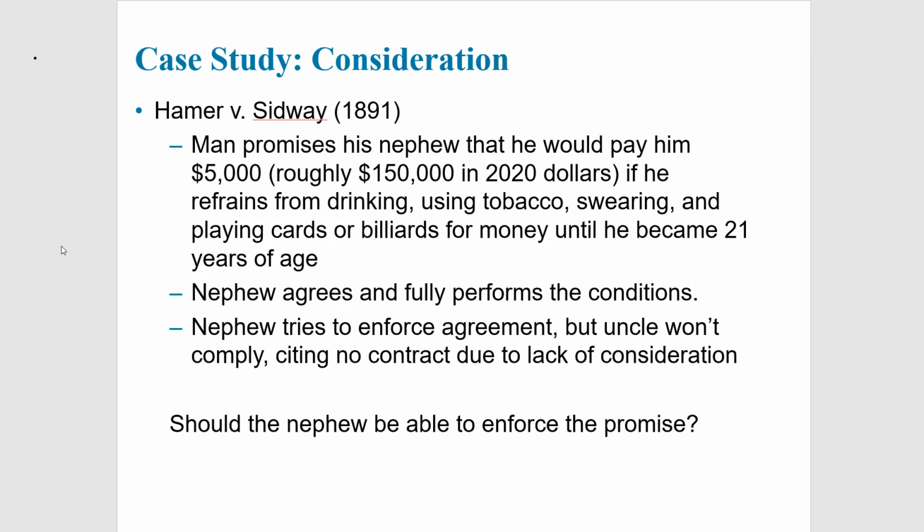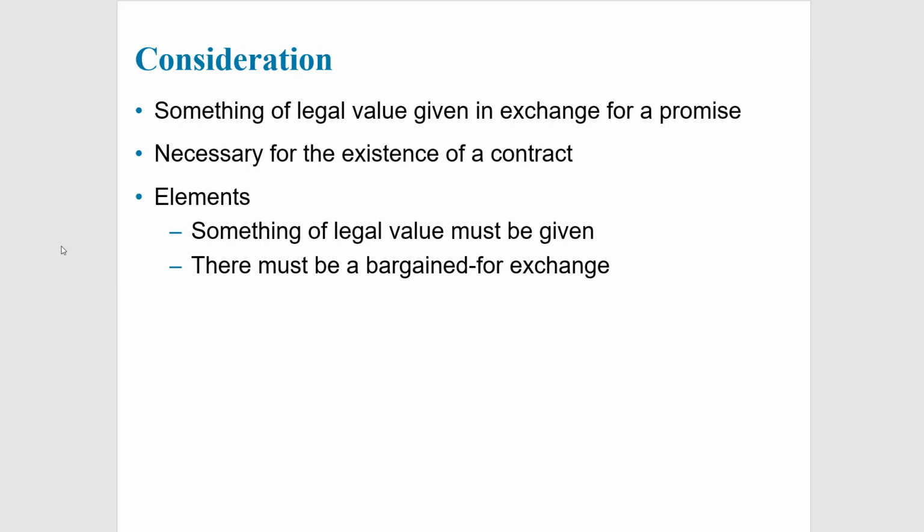Upon the uncle's death, he tries to enforce the agreement, but the estate won't pay. It goes through many levels of court before we finally get a decision. And then the question essentially is, should the nephew be able to enforce this promise? So do you see a difference between these two cases? We'll circle back to those at the end to tell you what the difference is.